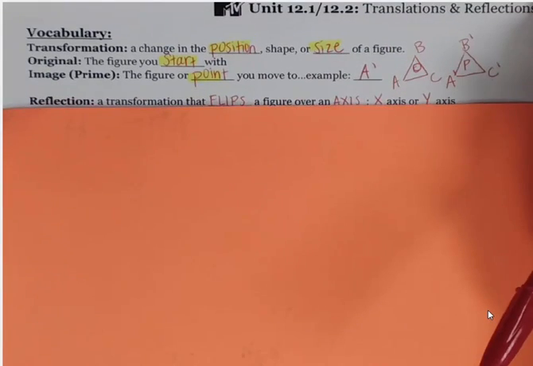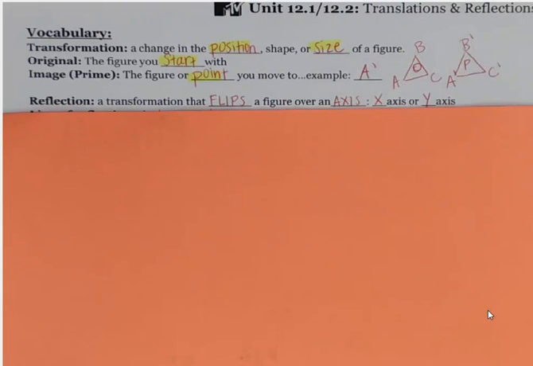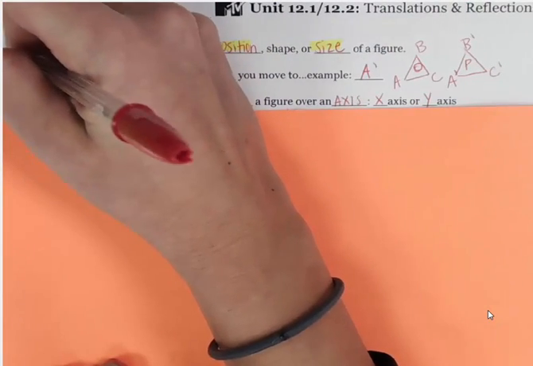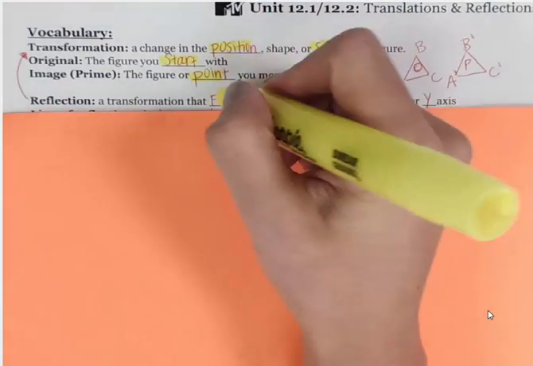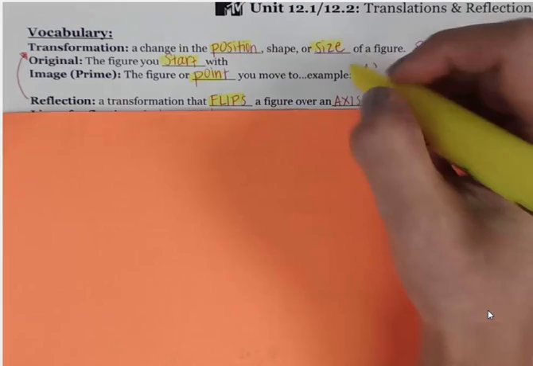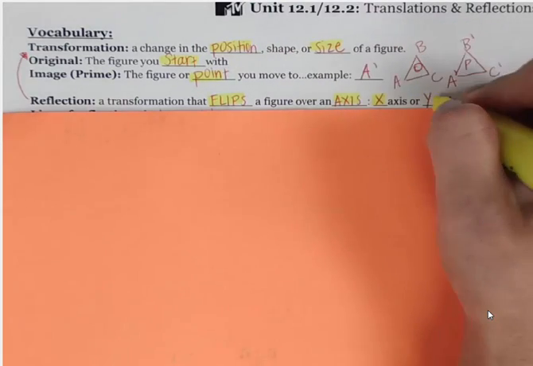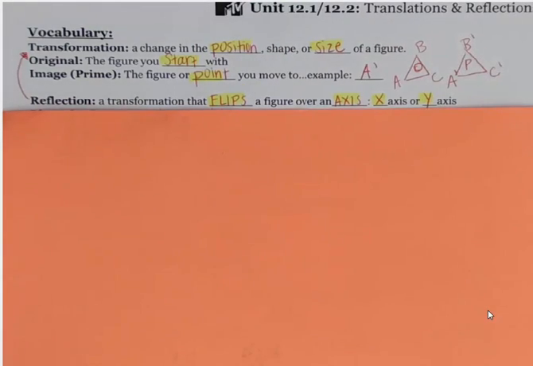Alright, reflection. A reflection is a type of transformation. So I'm going to draw a line. It's a transformation that flips a figure over an axis. So that's either the x-axis or the y-axis, because we know on a coordinate grid we only have those two axes.